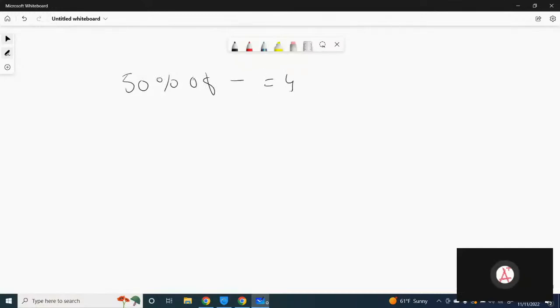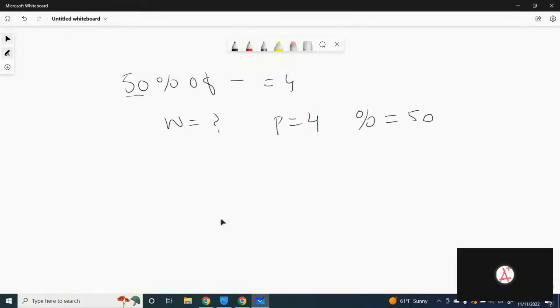So that's the percentage, 50%. You have to find a whole number and the part of the whole number is 4 and the percentage is 50%. Got it? Let's just form a proportion. You need to find the whole number, so you have to find the n.